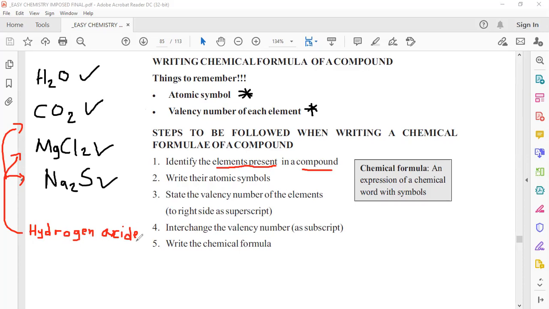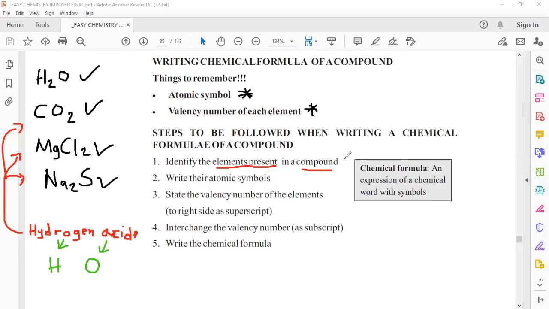When you look at it, what elements are you able to see? Hydrogen oxide means I have hydrogen, and there is oxygen, which is coming from oxide.